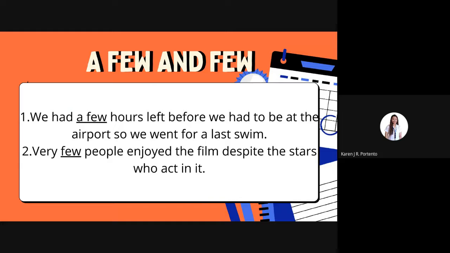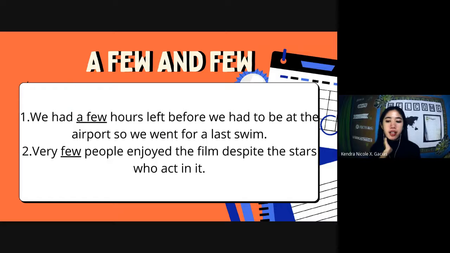And we use a few followed by a countable noun, ma'am. All right, very good. So earlier, a little and little are used with non-count nouns. So here, a few and few, you are right that we use these quantifiers with countable nouns. And also, you are right that it follows the grammar pattern. Okay, so thank you for that, Karen.